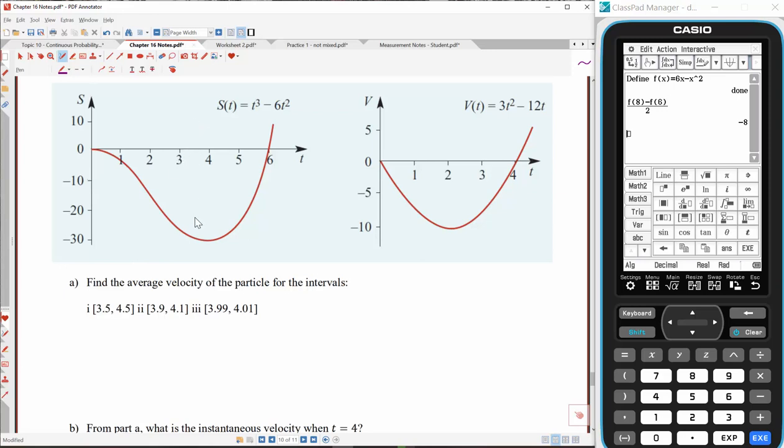So between 3.5 and 4.5, that's going to be that part there. We're going to get the average velocity there. Let's define our function.